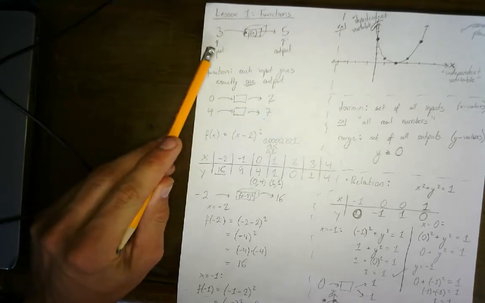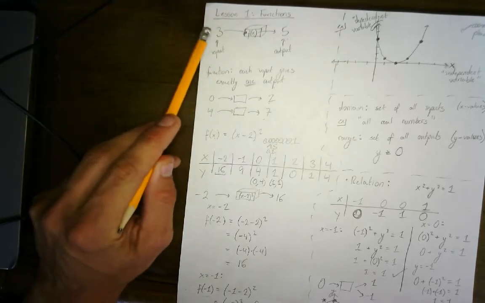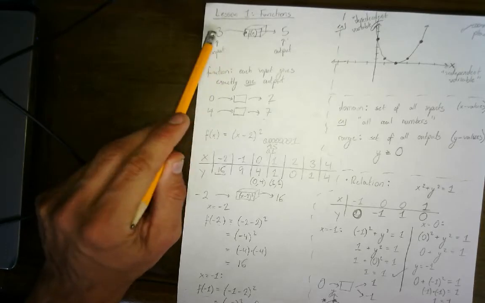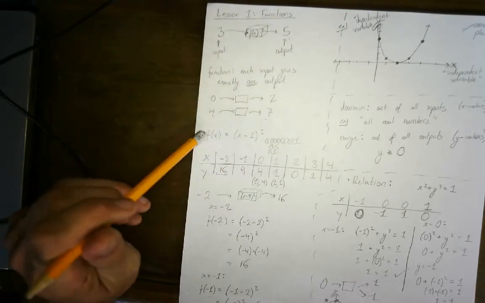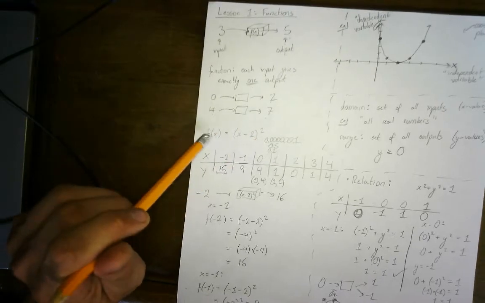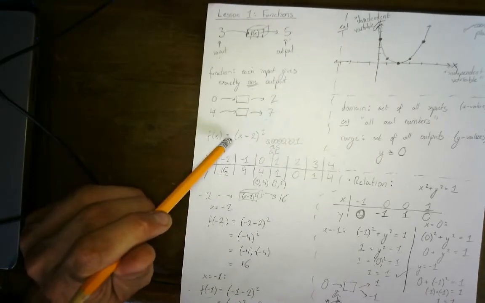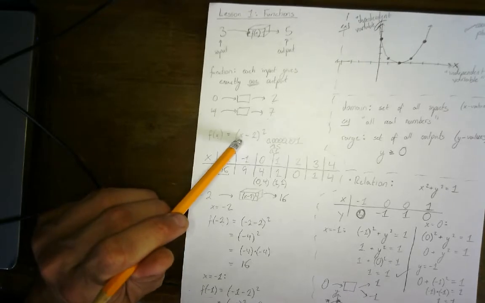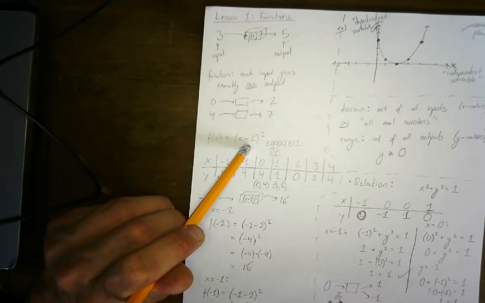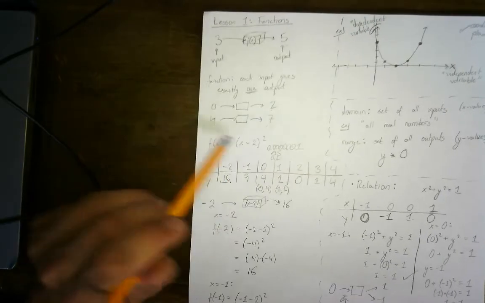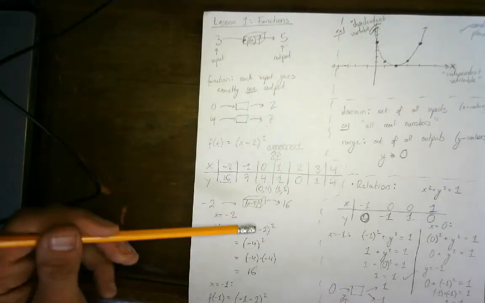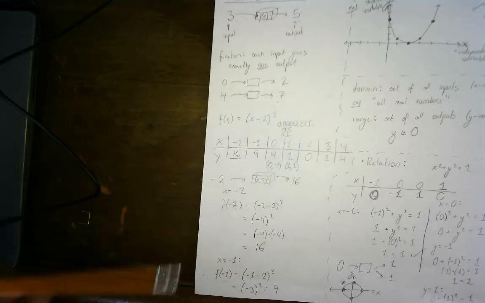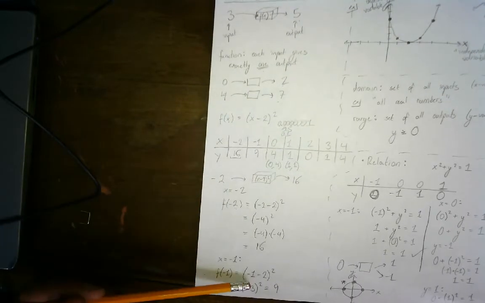But what I really want you to take away from this lesson is just this idea of a function. You put a 3 in this case, goes through a rule we get out a 5. In this specific case, we actually defined our function. F of x is saying take our input, subtract 2 from it, square it, and you'll get a value for each input. So we got our table, we proved it a little bit that our function is actually giving us some outputs.